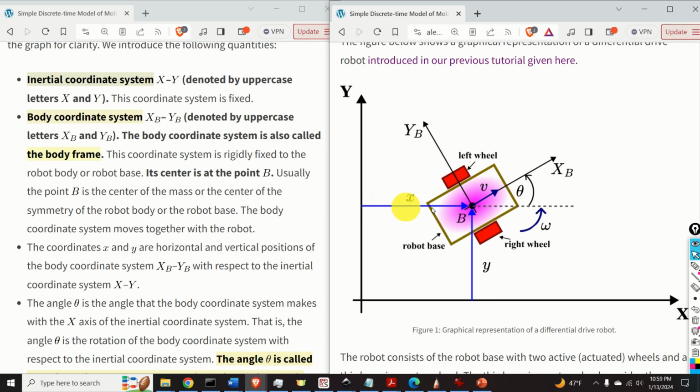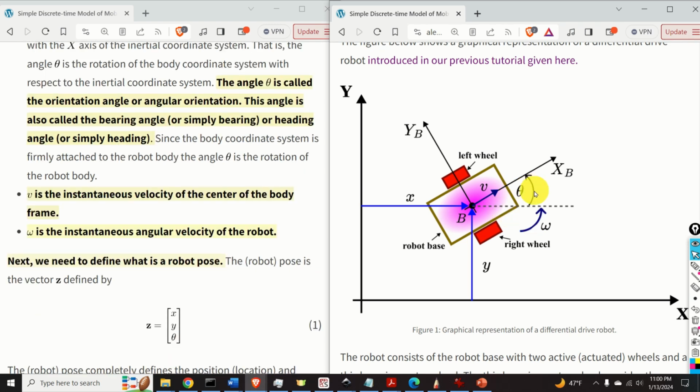The coordinates x and y are the horizontal and vertical positions of the body coordinate system XB, YB with respect to the inertial coordinate system X and Y. The angle theta, however you like to pronounce this Greek letter, is the angle that the body coordinate system makes with the x-axis of the inertial coordinate system. That is, the angle theta is the rotation of the body coordinate system with respect to the inertial coordinate system.